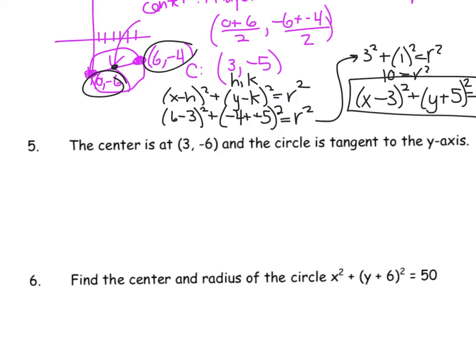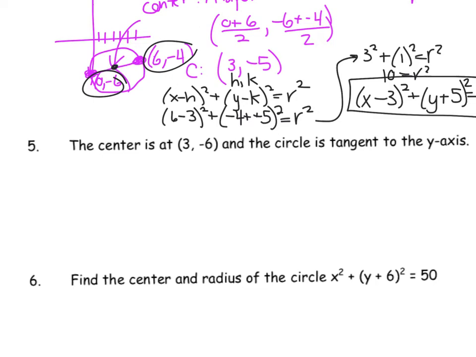And now they're telling me that the circle is tangent to the y-axis. So if you remember from before we left school, if something is tangent to a circle, that's a line that intercepts the circle just at that one point. So here I'm at (3, -6). Okay, so that's my center. It's tangent to the y-axis.